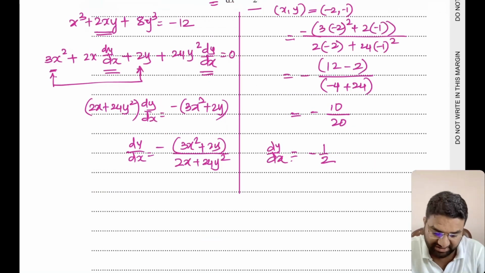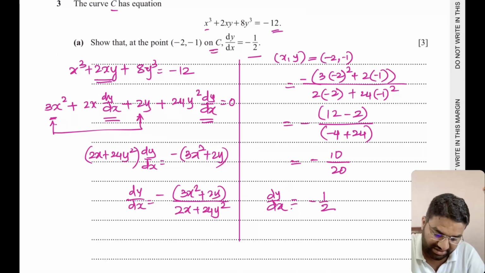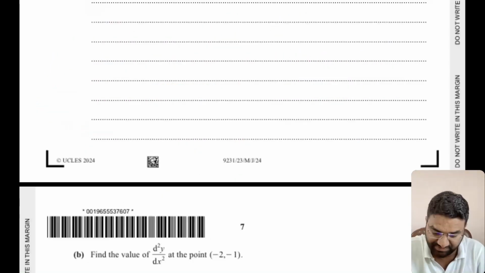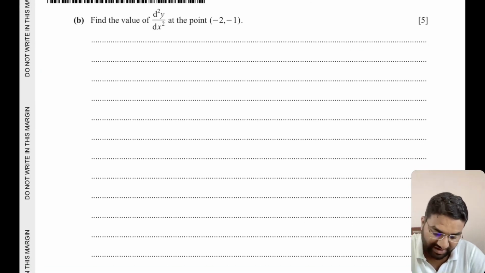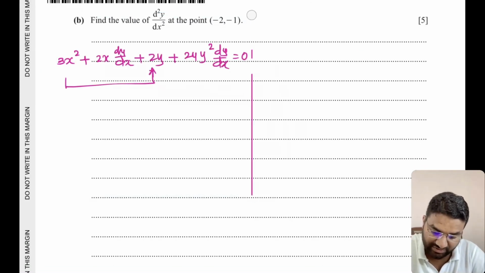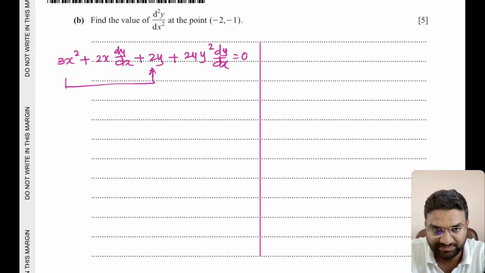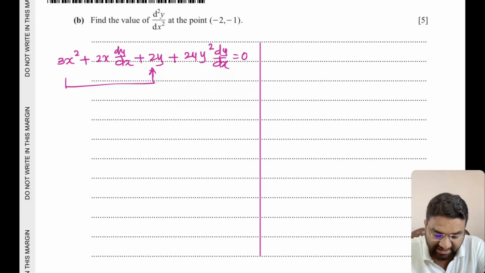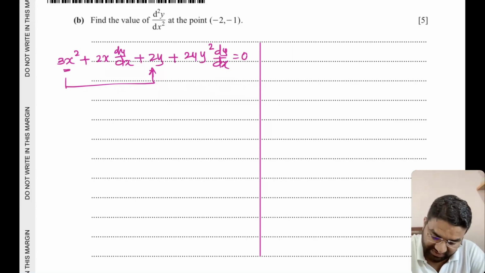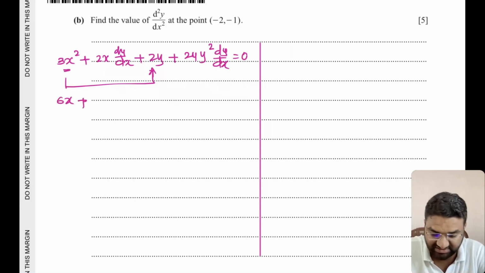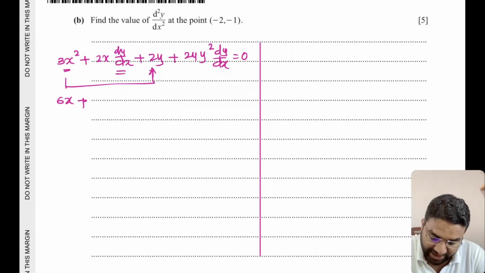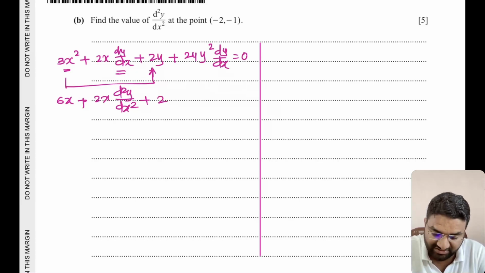Then the dy by dx part, keep this as it is. It's helpful to find d2y by dx squared. So first of all we have to again take the derivative. So 3 times 2 is 6x, plus, here 2x times the derivative of dy by dx is d2y by dx squared, plus the derivative of 2x, which is 2, times dy by dx, plus the derivative of 2y, which is dy by dx.